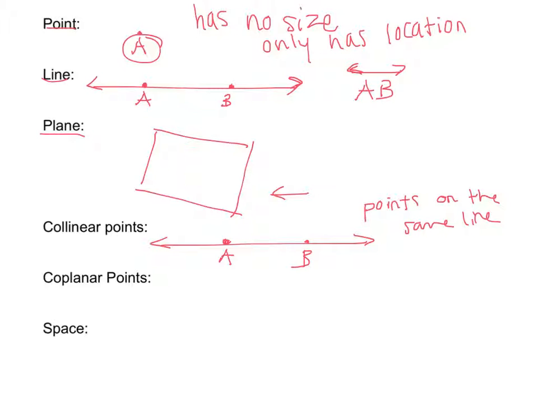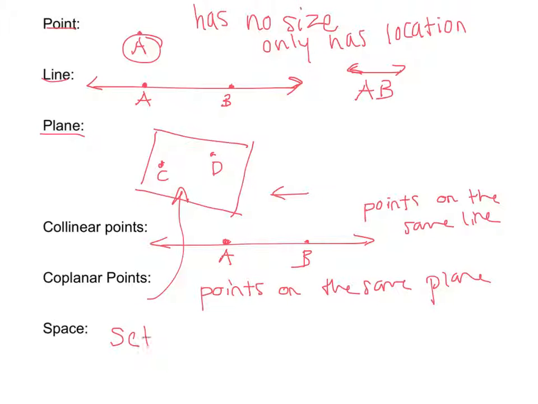Coplanar points are if we had, say, up here, point C and point D, and they're on the same plane, so they're going to be coplanar. So points on the same plane. And space is just simply the set of all points. So it is infinitely big.